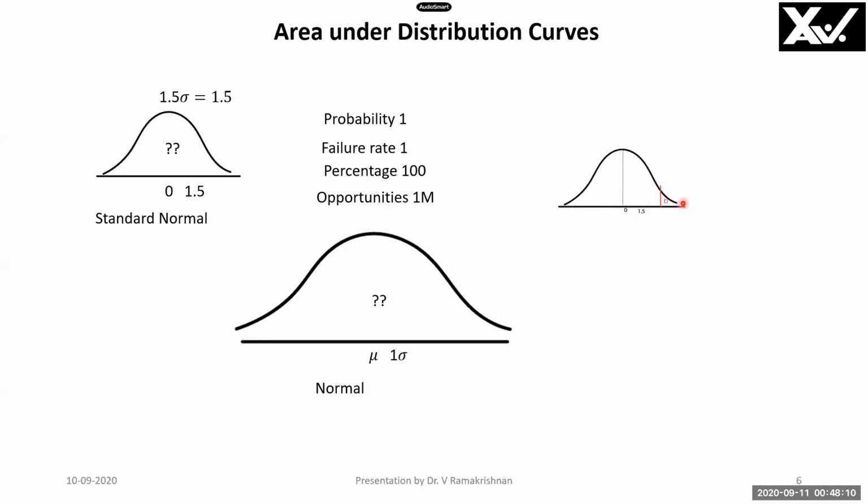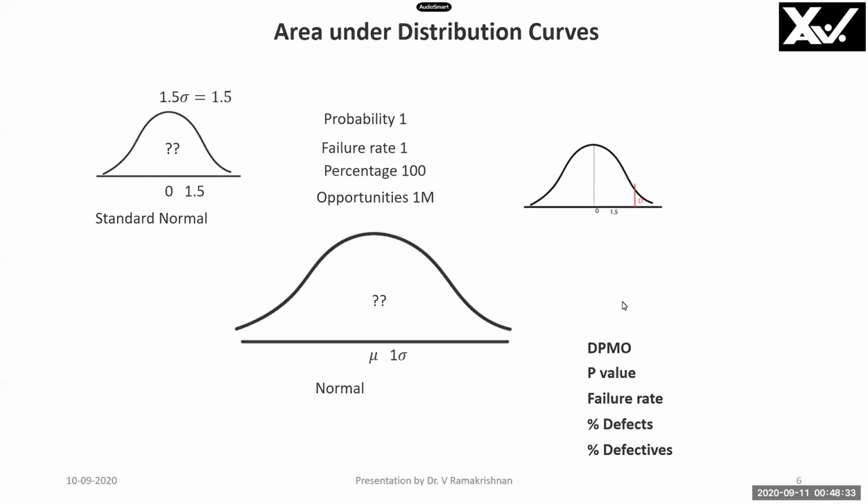So the area to the right we can calculate by subtracting the area to the left from the total area. Now DPMO, p-value, failure rate, percentage defects or percentage defectives, all these are nothing but the area to the right here, this small area. So this should be very low.